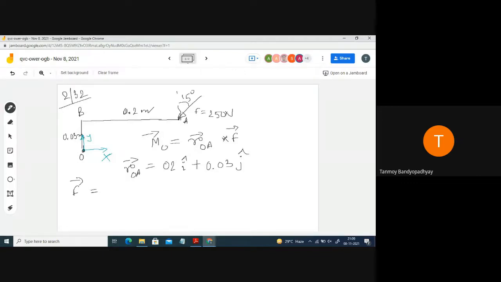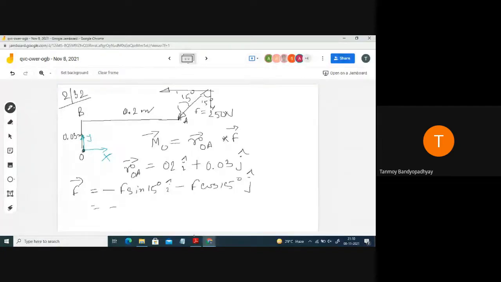So it will have two components. Break it into components. So this is one component and this is the other component. If this is 15 degree, this one is 15 degree, so this one is the sine component. So this is minus F sine 15 degree i cap minus F cos 15 degree j cap.